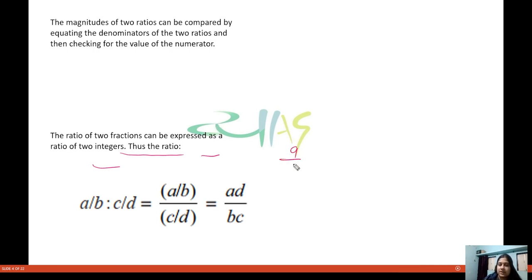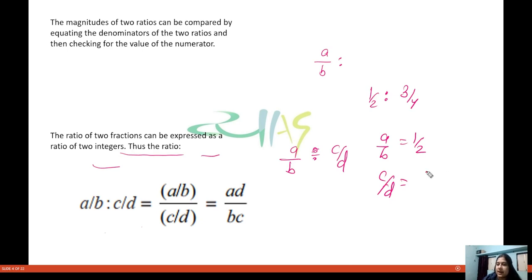So we have these two fractions a by b and c by d. The ratio of these two fractions can be expressed as the ratio of two integers. So for example, you have to calculate the ratio of 1 is to 2 and 3 is to 4. Here a by b is equal to 1 by 2, and c by d is equal to 3 by 4.